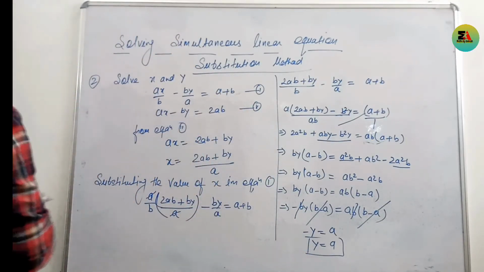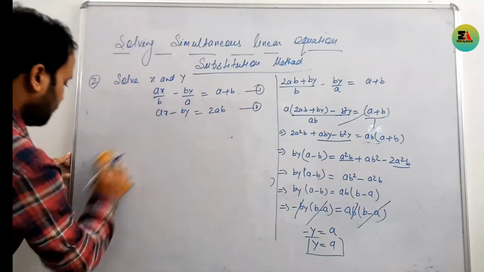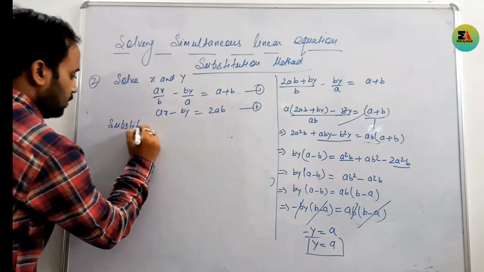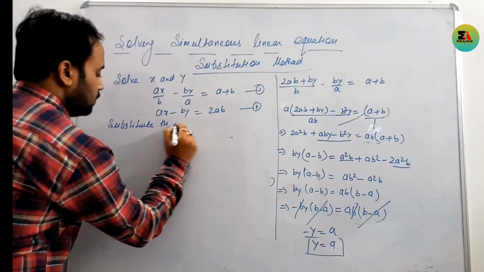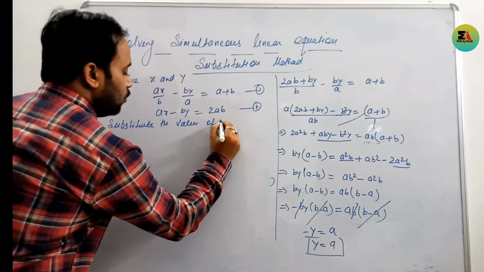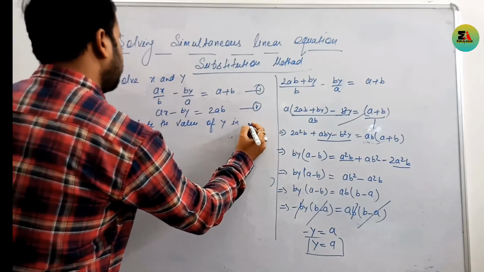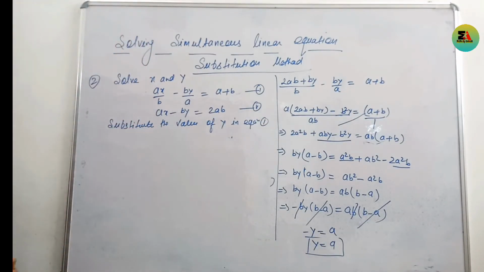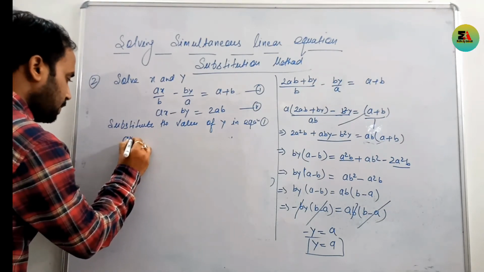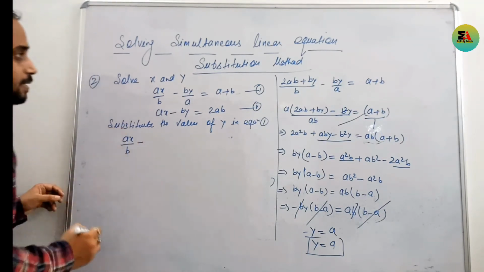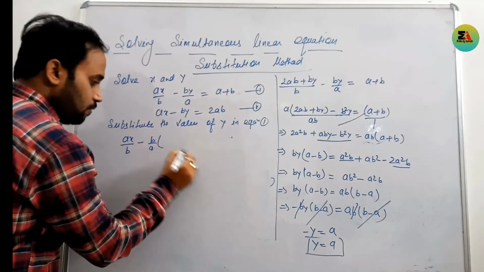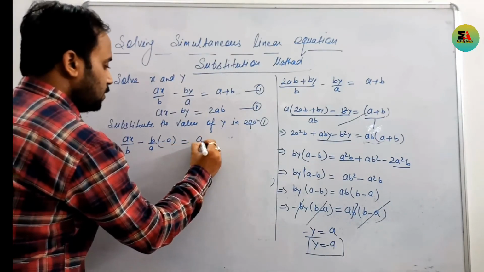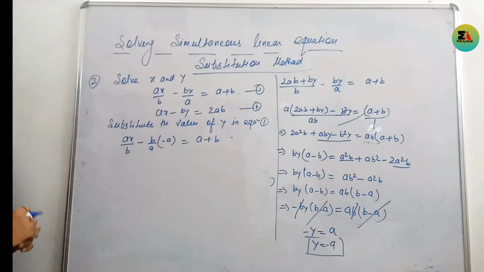Now see how it becomes: ax/b minus b/a times the value of y, which is minus a, equals a plus b. I hope up to this is clear.